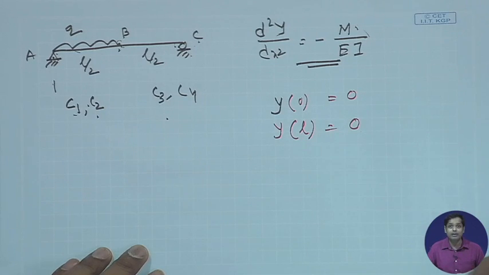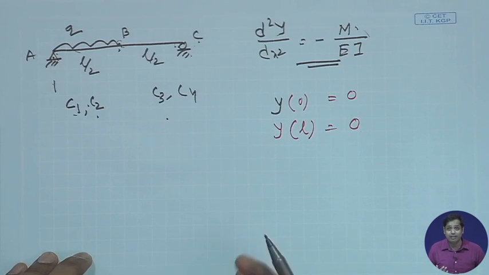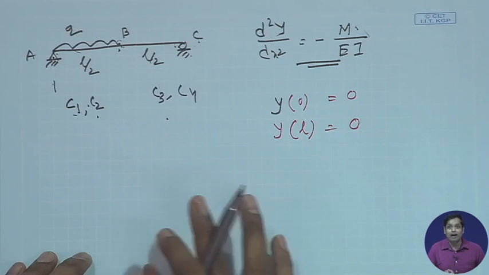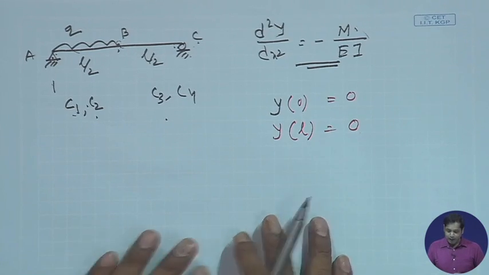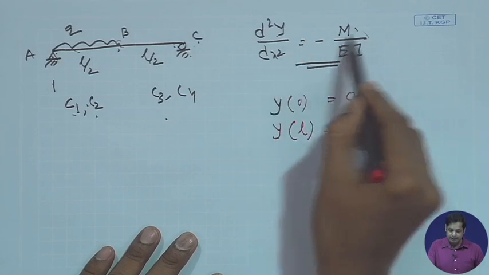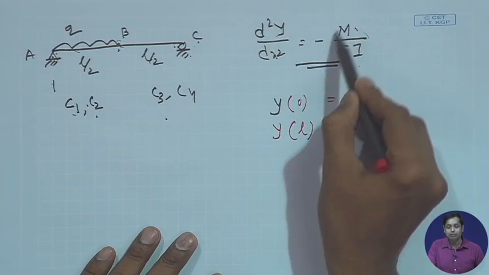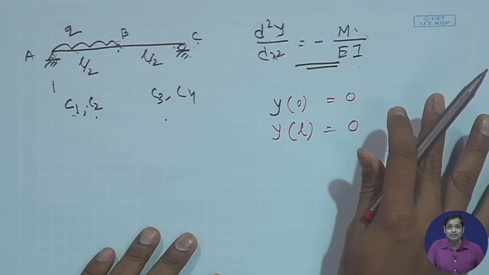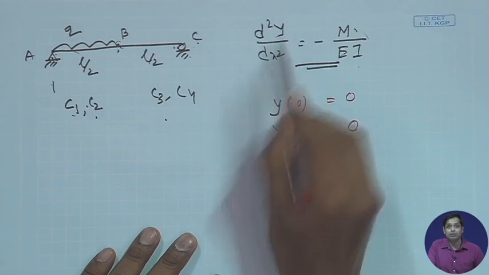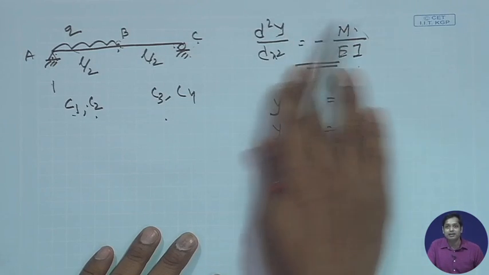Now these are two boundary conditions, but we have 4 constants. We need 4 equations to determine these 4 constants. So what are the other two boundary conditions? When we write this differential equation, the second derivative of y equals M/EI, it is implicitly assumed that y is differentiable up to second order. If y is not differentiable, then this equation itself is not valid.